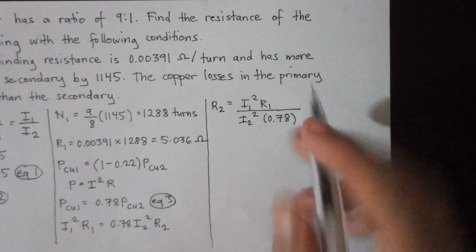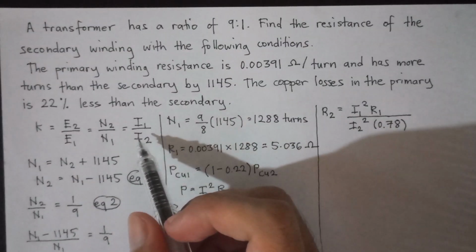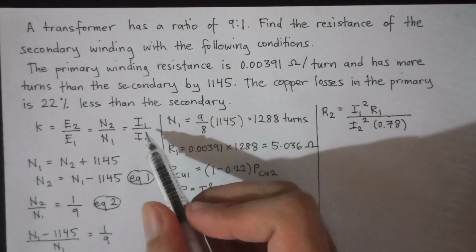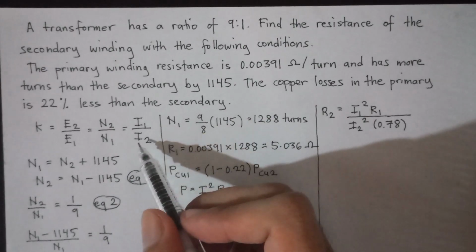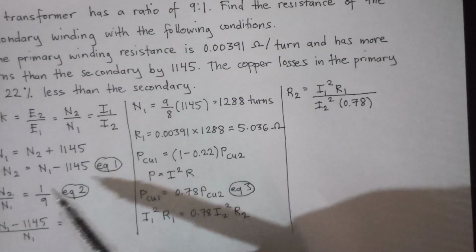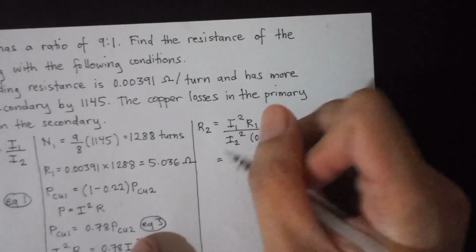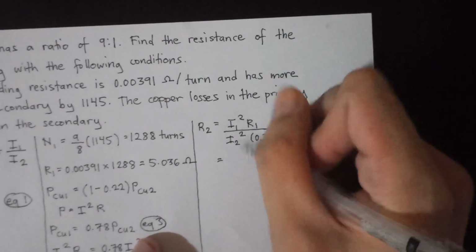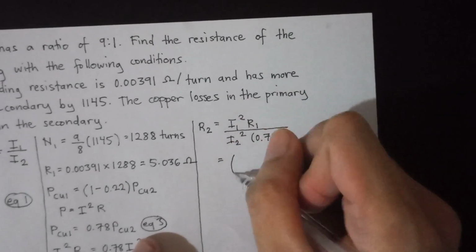As we said earlier, the transformation ratio is also equal to the current in the primary over the current in the secondary. So that is 1 over 9. So we are just squaring that to replace this.